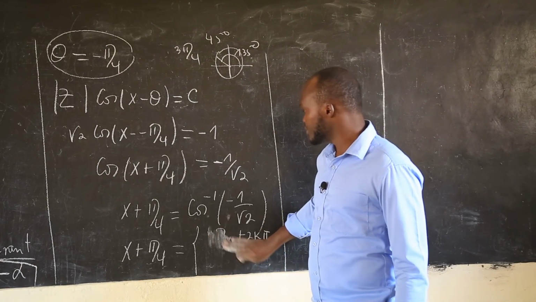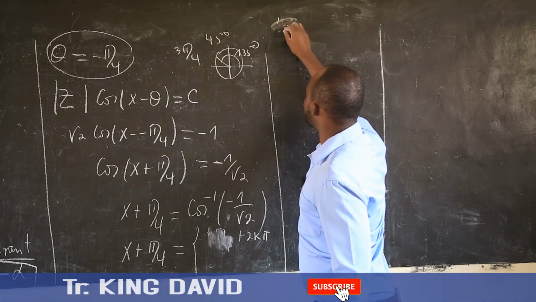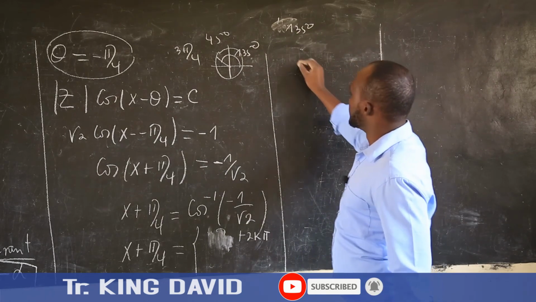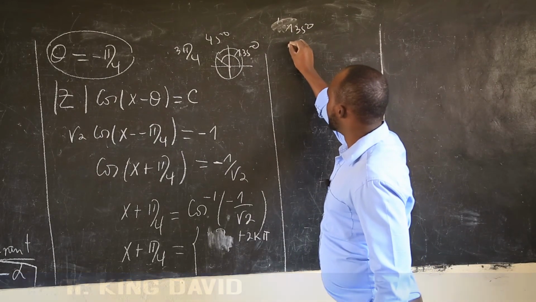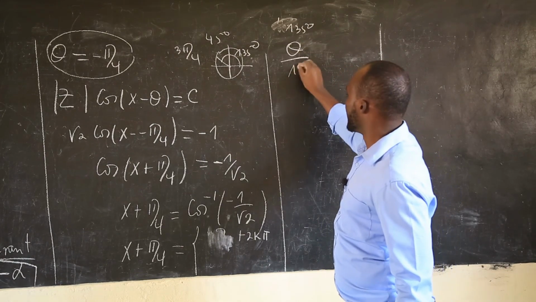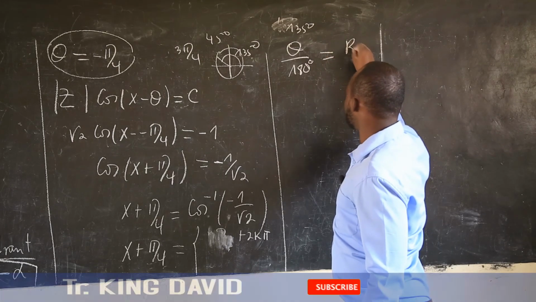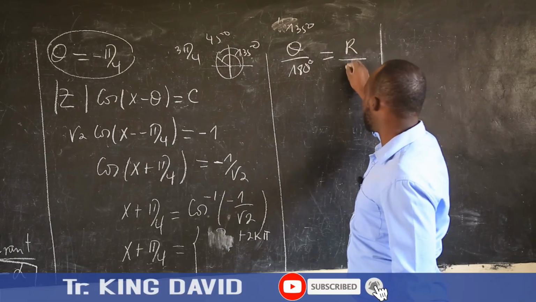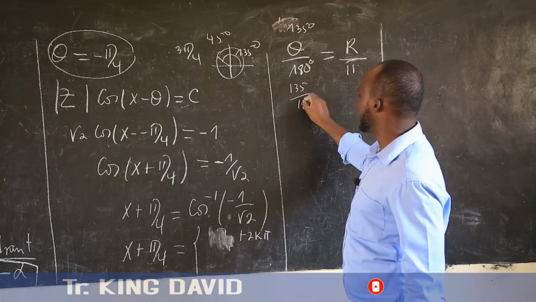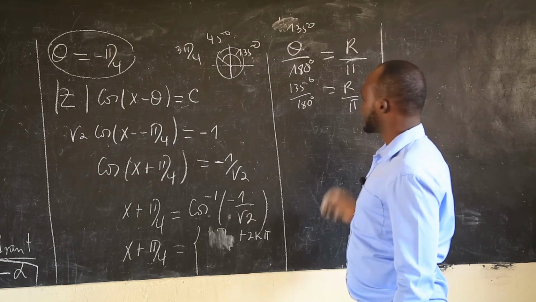How can you convert 135 into radian? We know angle divided by 180 degrees equal to radian over pi. So 135 divided by 180 degrees equal to rad divided by pi.